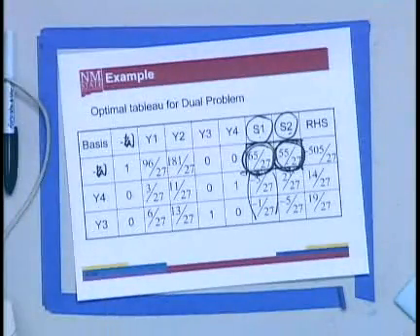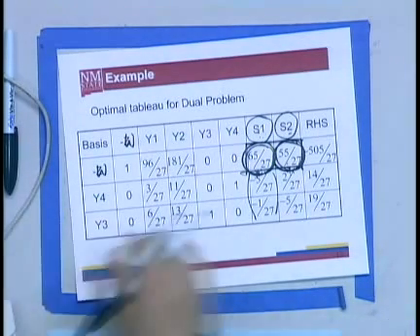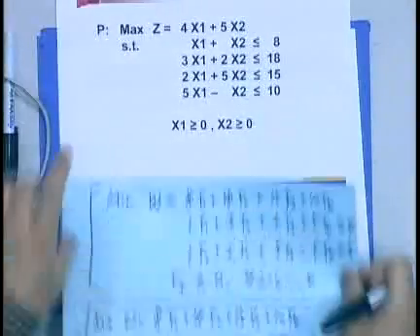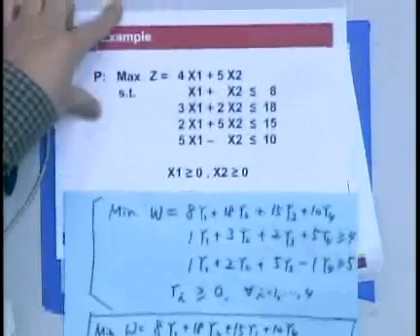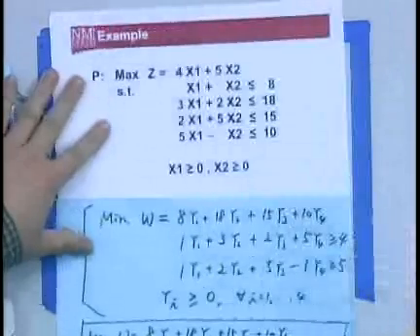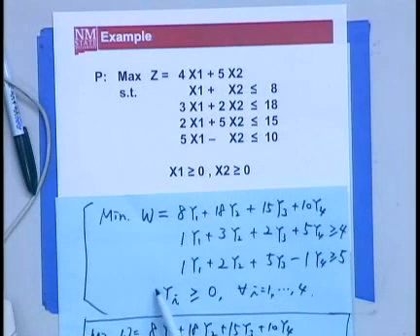And if you compare these two problems, this primal problem and the dual problem, this dual problem has fewer constraints, right?